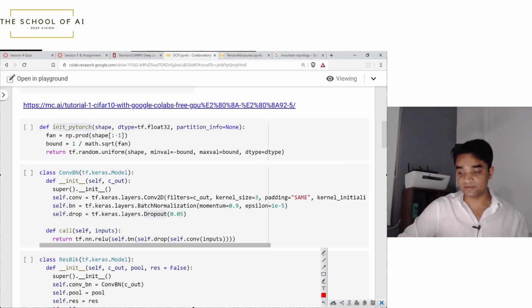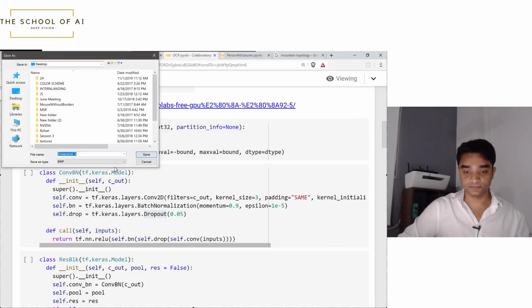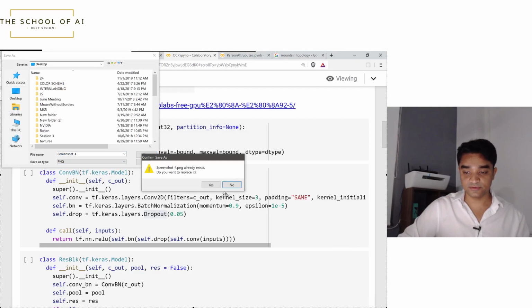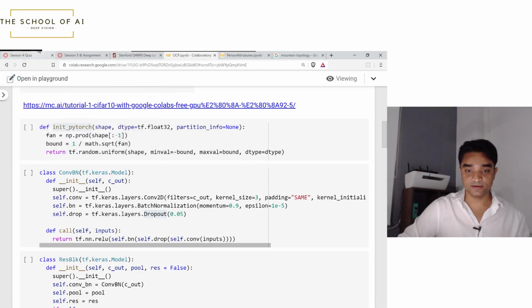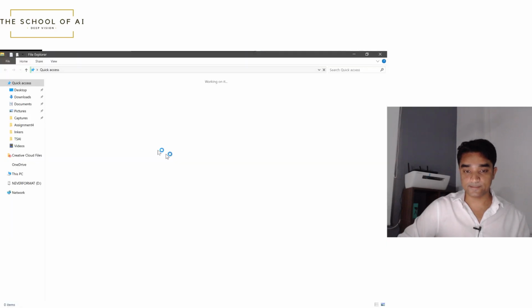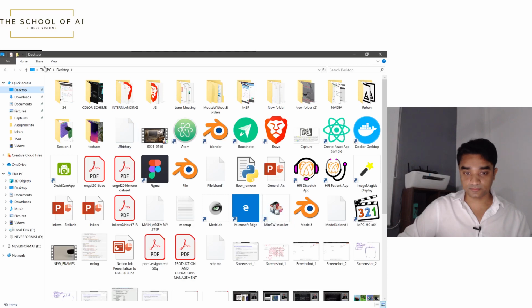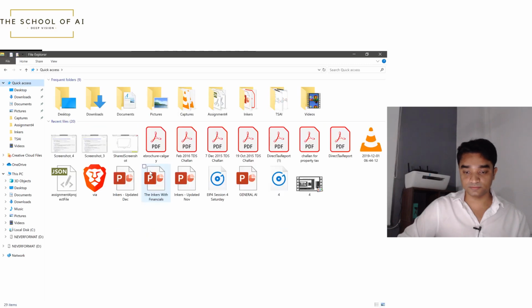But this time, if I save my image as PNG, then I save. Yes, overwrite that. And if I look at my desktop, okay, those are two images we stored.